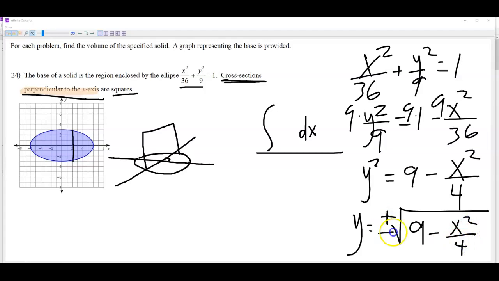Now when you take a square root, you always get a plus and a minus. And we want to remember that the plus means the top half, and the minus means the bottom half.